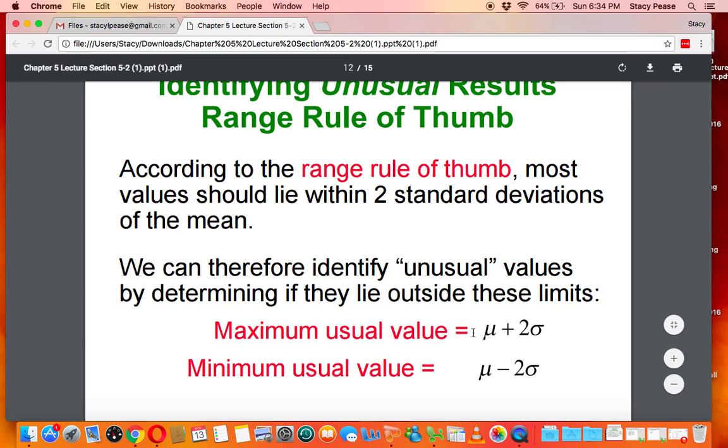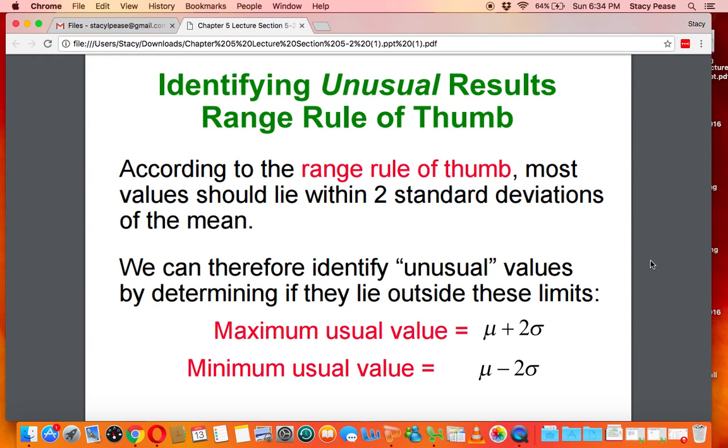Your maximum usual value will be your mean plus 2 standard deviations, and your minimum usual value will be your mean minus 2 standard deviations. This is a concept that we've actually seen in the past, and it's applied the same way. So there's nothing that you need to relearn here. It's just understanding that range rule of thumb can be used in this section as well.